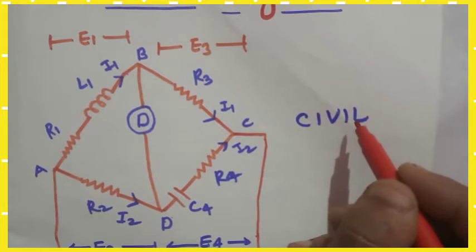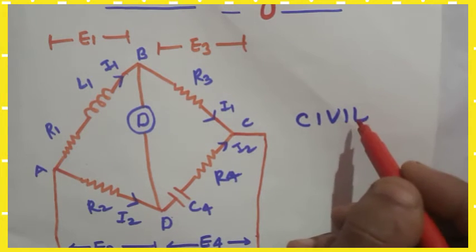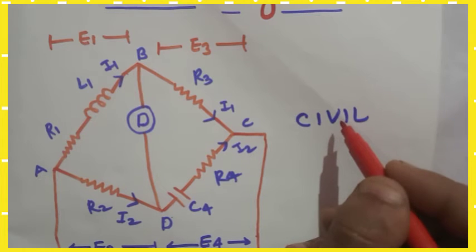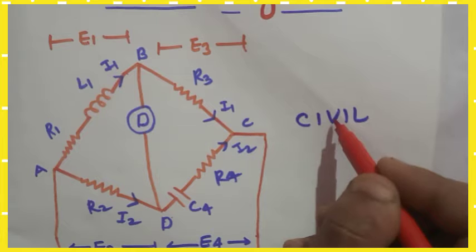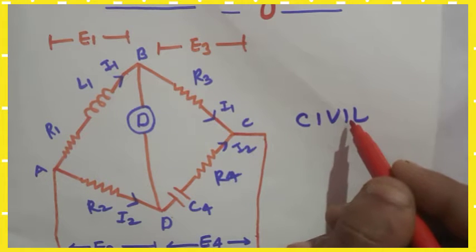When we want to know about the inductor, see what is coming first: V, then I. Then we know that in an inductor, voltage leads current.